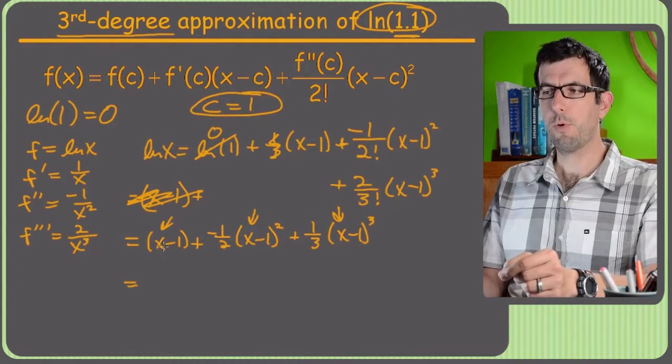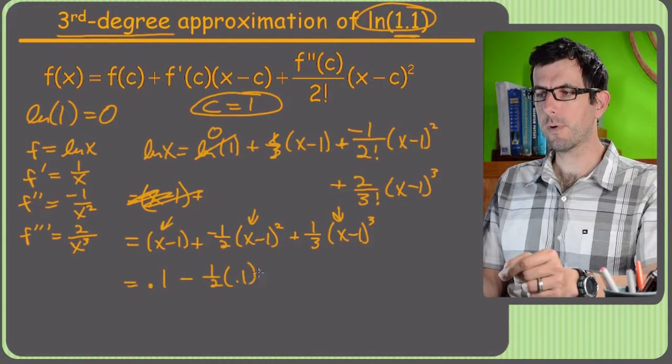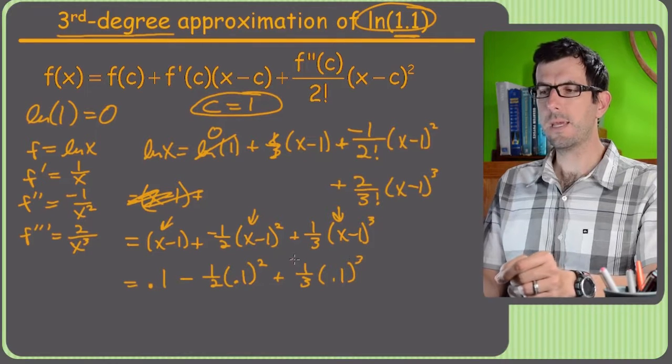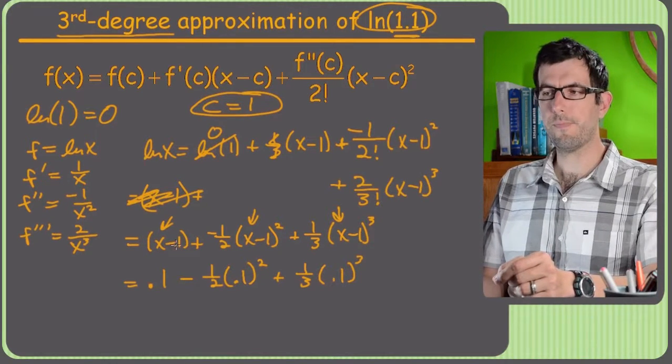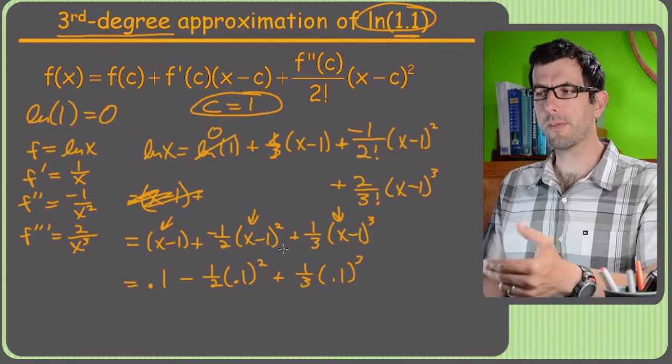So I got 1.1 minus 1 is 0.1, minus 1/2 times 0.1 squared, plus 1/3 times 0.1 cubed. And now you can see why it's nice to leave this x minus 1 in parentheses, because that just becomes 0.1 just like all these others did.